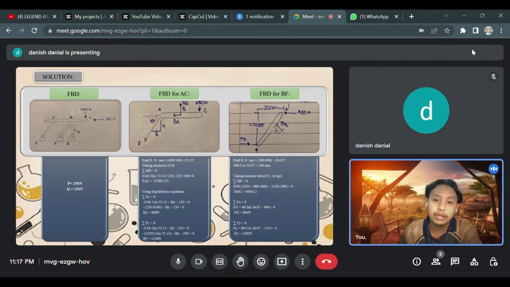So the last is taking moment about F. We get FDG, which is FDG multiplied by 250 plus 900 multiplied by 400 minus 1250 multiplied by 300 equal to 0. So we get FDG is 60 Newton C.